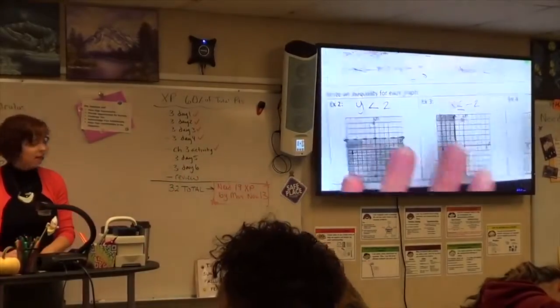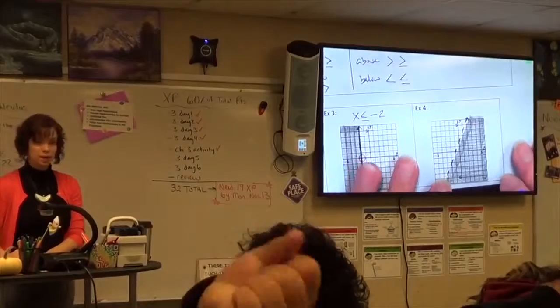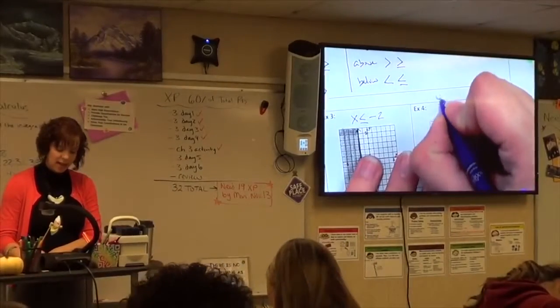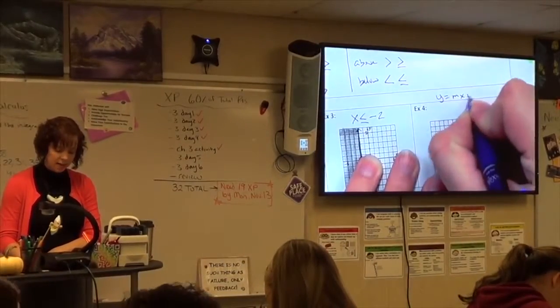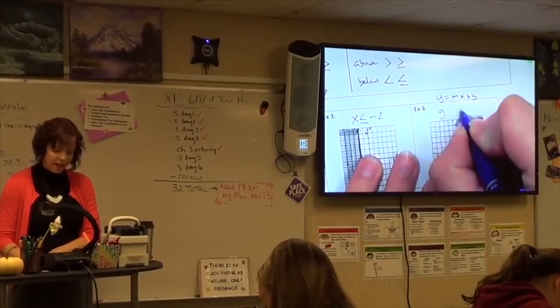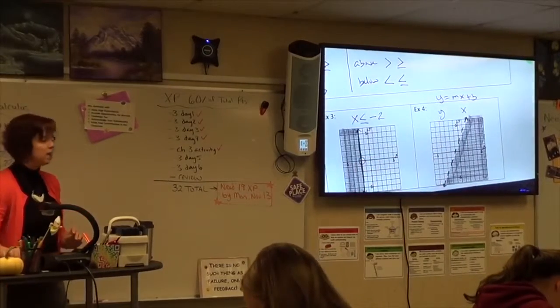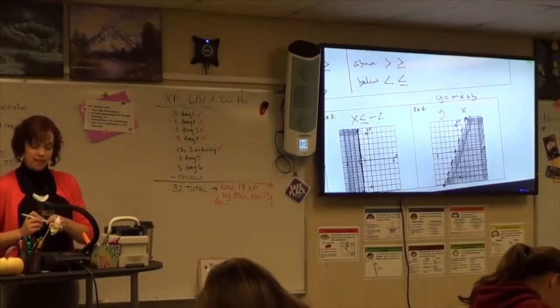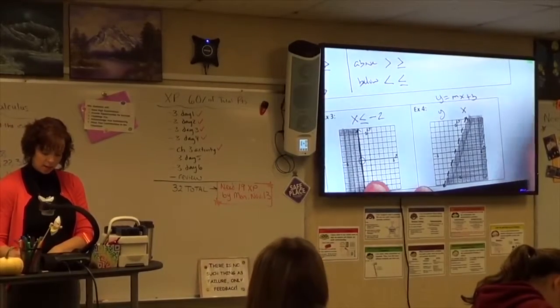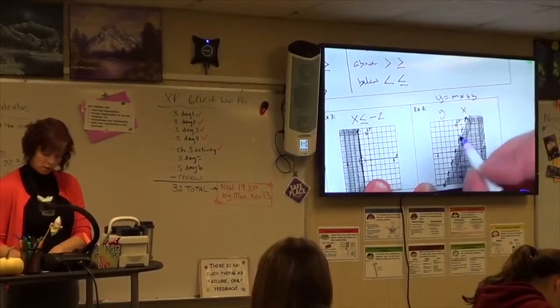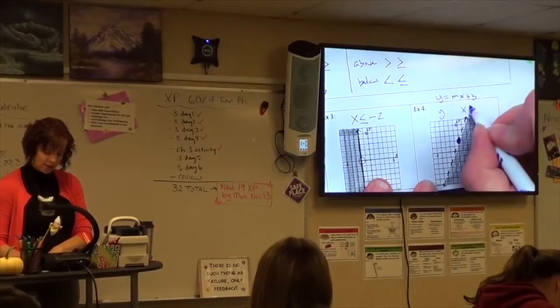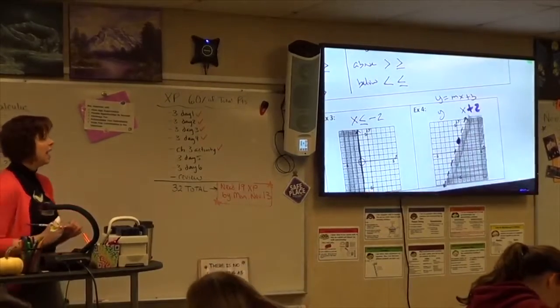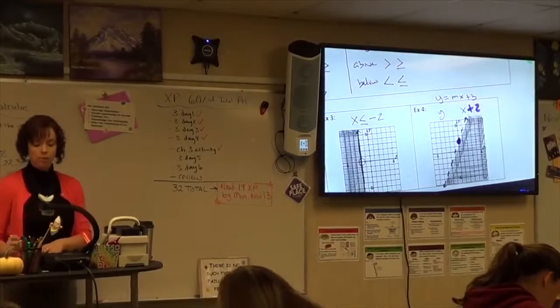Okay. The last one is our slope-intercept line. So that means we have to get y equals mx plus b. So we need to fill in the gaps. What do we know is the b? Y-intercept. What is the y-intercept? 2. Okay, so we're agreeing the y-intercept is 2. How does the slope move?